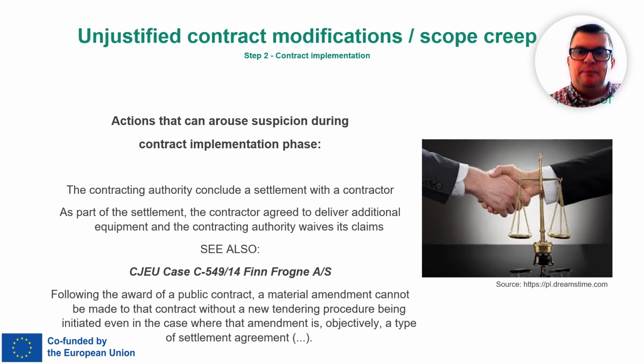So the key point is that settlements which alter the substance of the contract, like adding new equipment or changing obligations, can be seen as unlawful modifications. They undermine transparency and fair competition, and that's why they arouse suspicion during contract implementation.